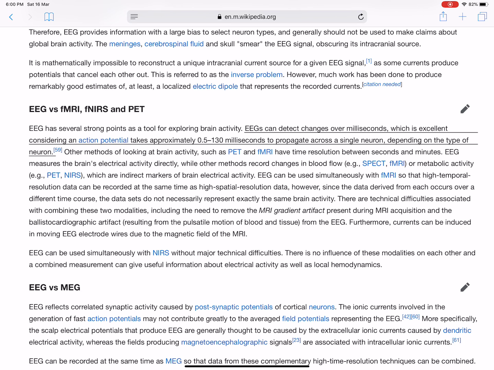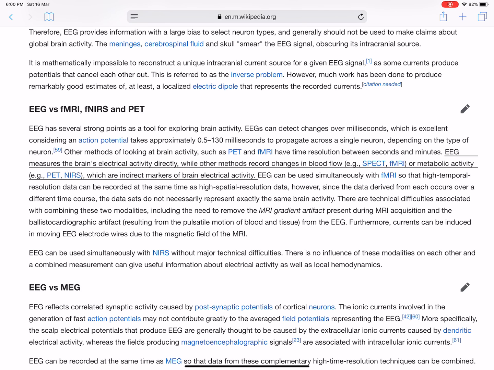Other methods of looking at brain activity, such as PET and fMRI, have time resolution between seconds and minutes. EEG measures the brain's electrical activity directly, while other methods record changes in blood flow, e.g., SPECT, fMRI, or metabolic activity, e.g., PET, NIRS, which are indirect markers of brain electrical activity.